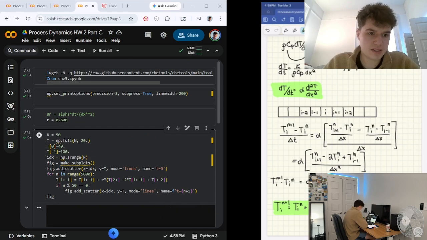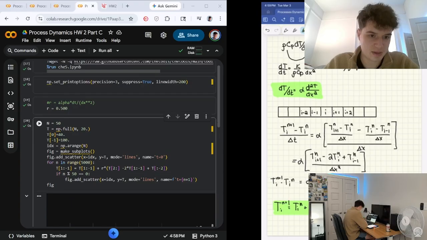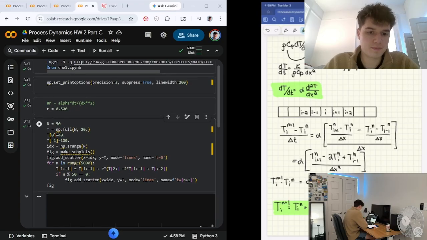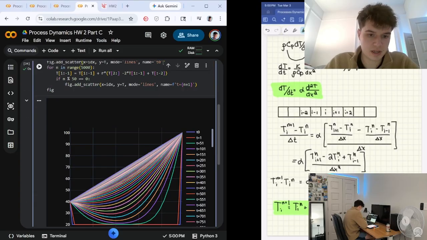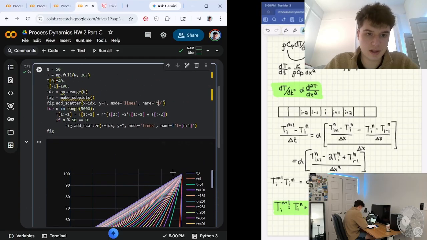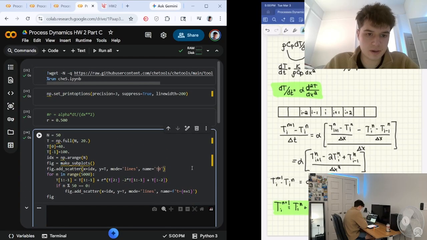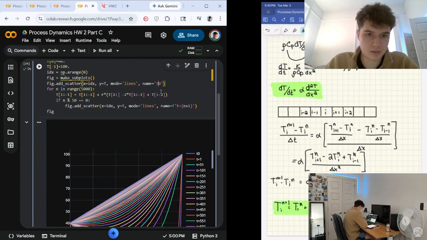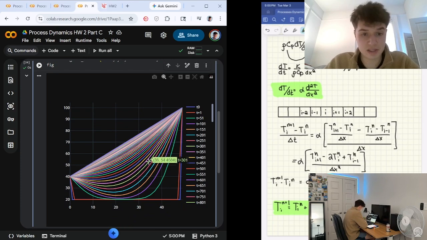Oh, this should be T0. Wait, run it again. Here we go. Okay, sorry. So T sub 0 had to be set equal, there was no 0 there. Oh, I had a minus, I believe, in here. And then I had some syntax errors in the math. There were a couple of tiny little typos that I had to fix in here. And it resulted in this equation.